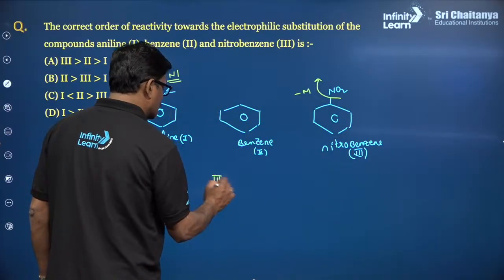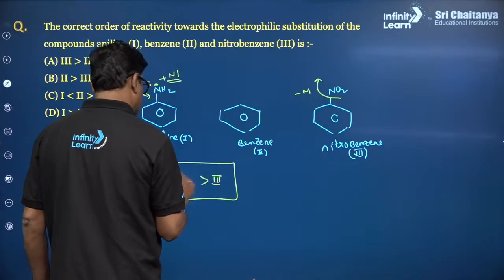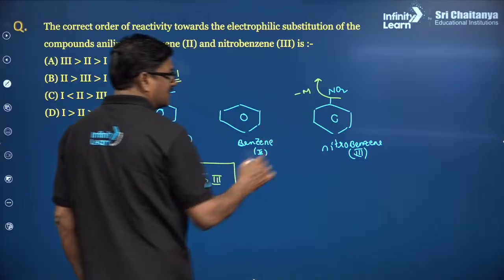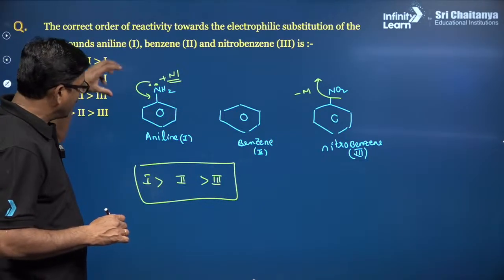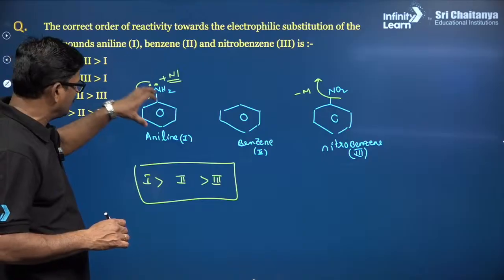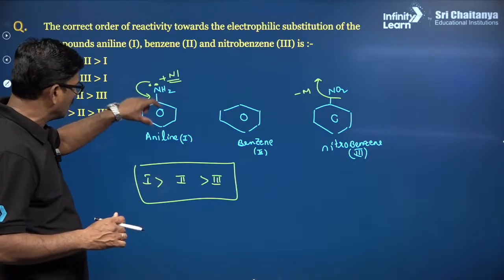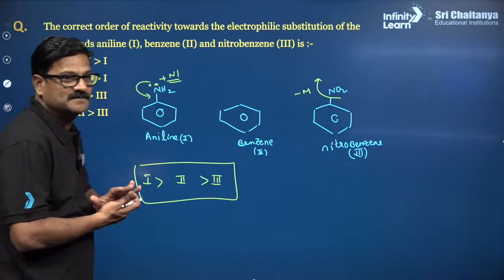So 3 is going to be the least, and 2, benzene, has no effect at all. Positive mesomeric effect increases the electron releasing nature and activates the benzene. So whenever the ring is activated, the benzene ring undergoes electrophilic substitution reaction faster.